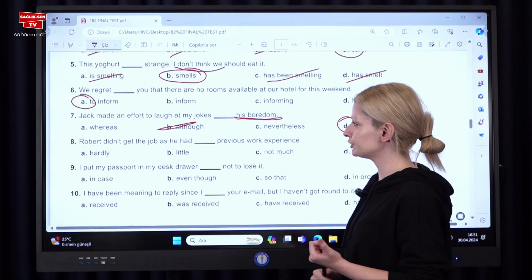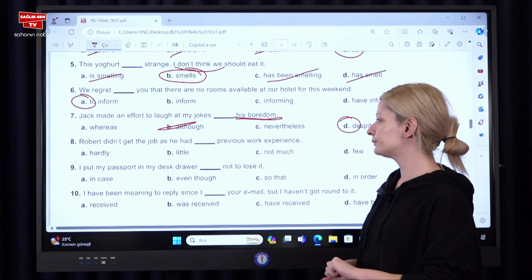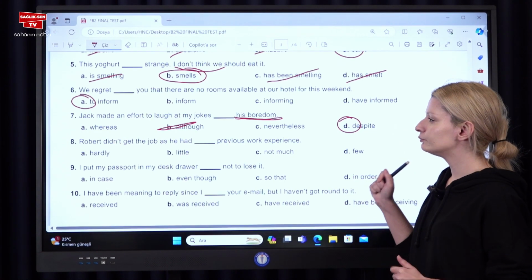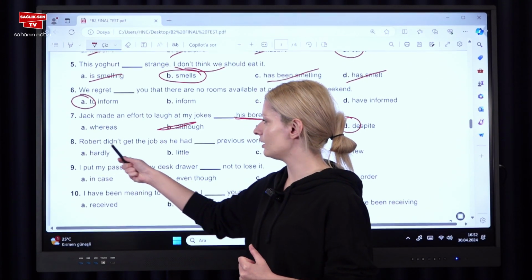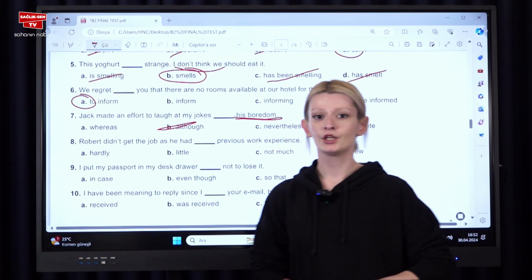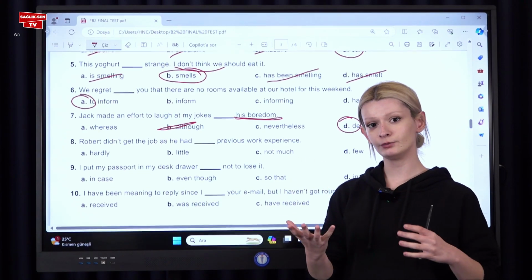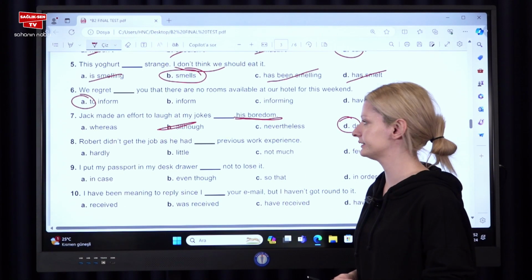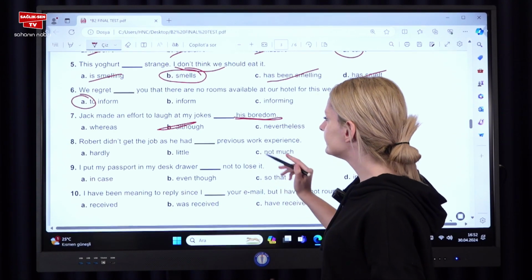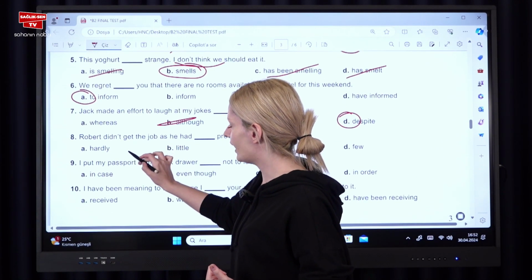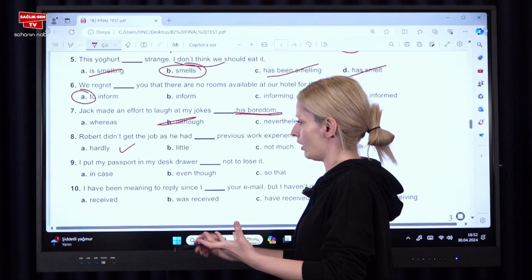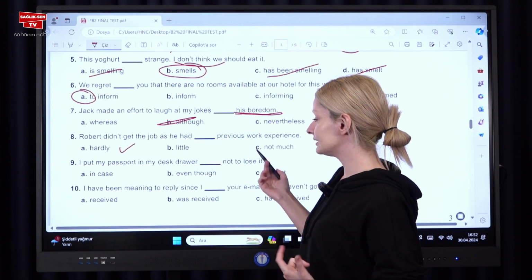"Robert didn't get the job as he had blah blah previous work experience." We have a result, he didn't get the job. So we are assuming that he didn't have much experience. This can be correct, hardly can be correct. It's not wrong. I cannot use little.